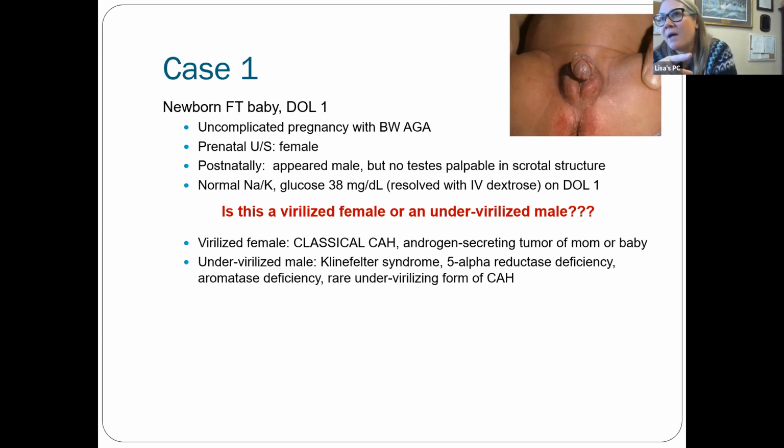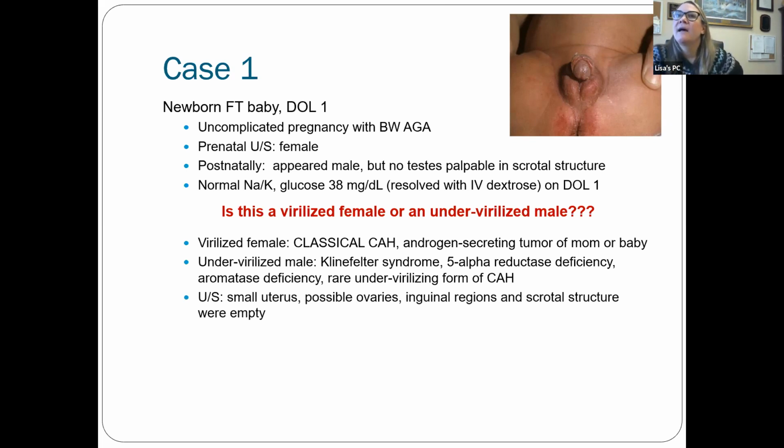So if you remember from that biosynthesis profile, I showed you that 3-beta HSD is expressed in all 3 layers of the cortex. If you're deficient in that, you can't convert DHEA to androstenedione, so you can't make androgens normally. And so that would present as an under-virilized male, but not very common.